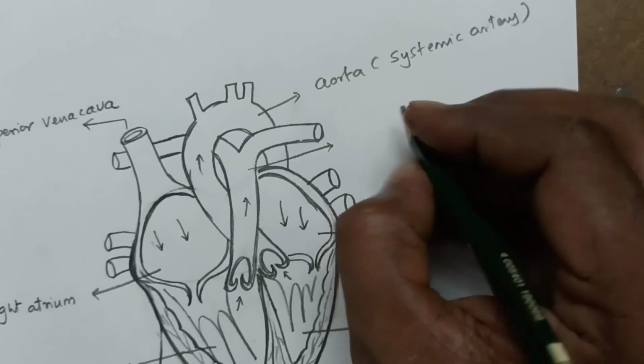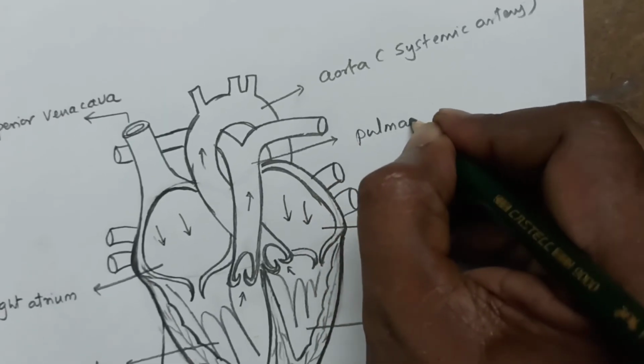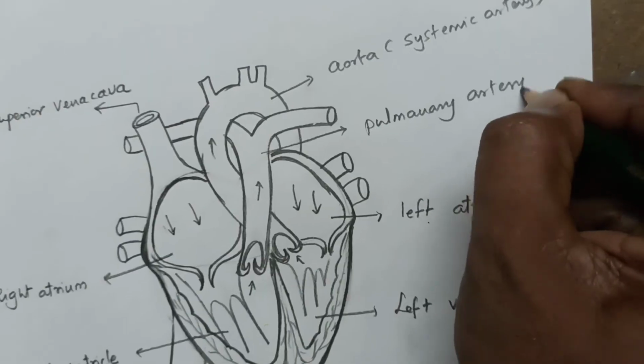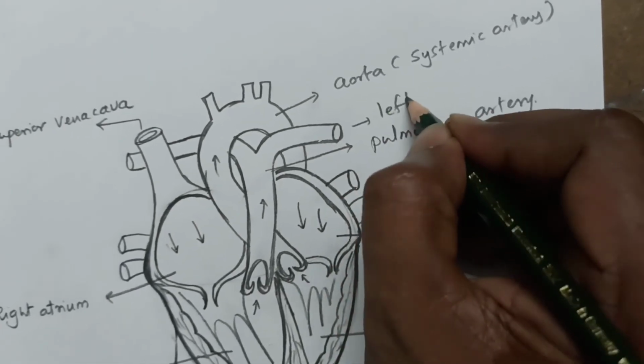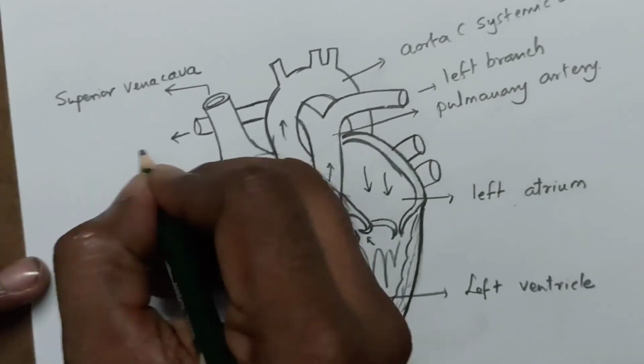This is the pulmonary artery. This is the left branch of the pulmonary artery, this is the right branch.